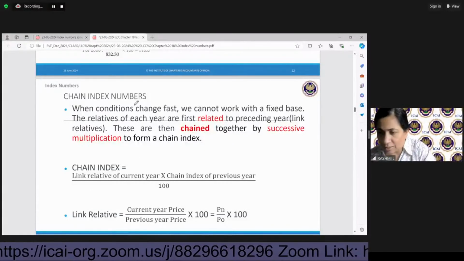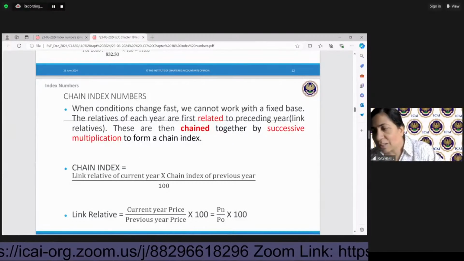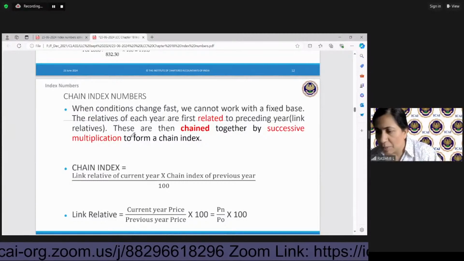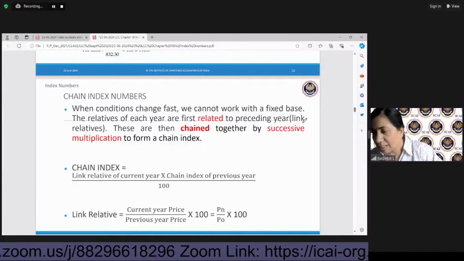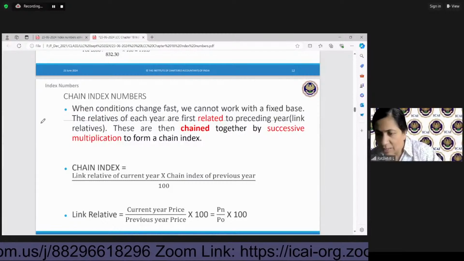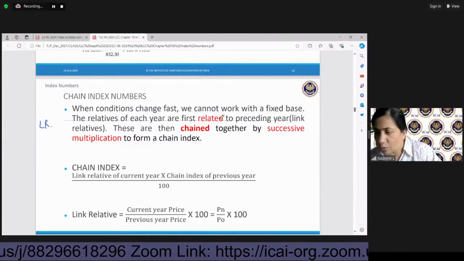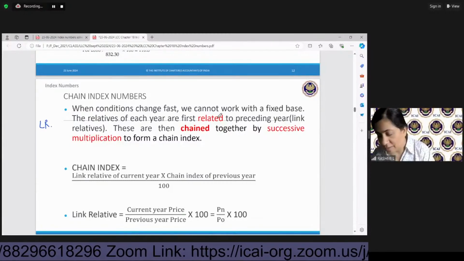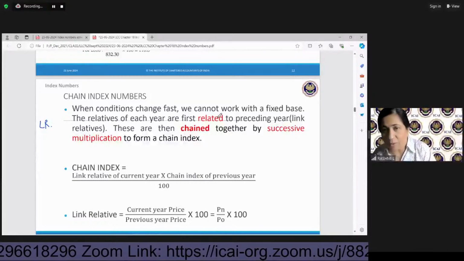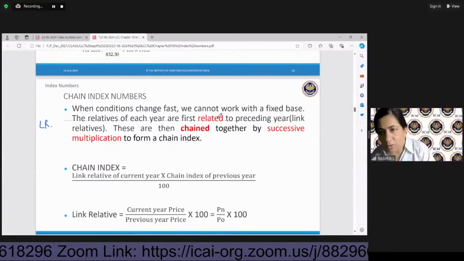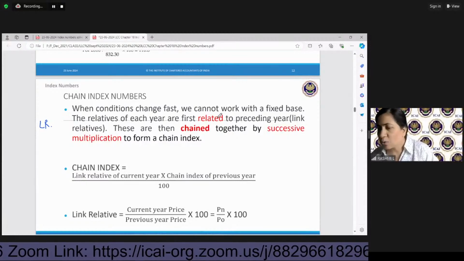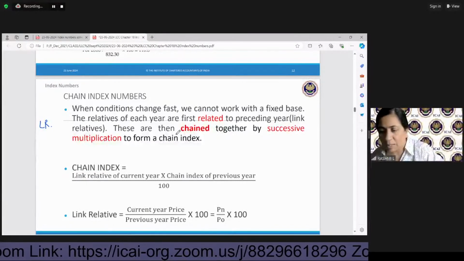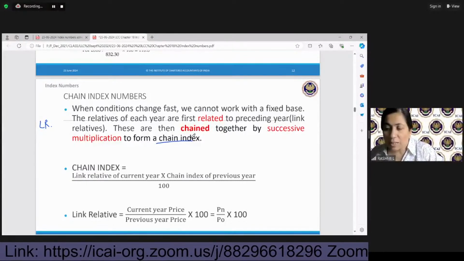Then chain index numbers. When the conditions change fast, we cannot work with a fixed base. The relatives of each year are first related to the preceding year, giving link relatives. So first we connect the relative of this year with the previous year, and then these are chained together by successive multiplication to form a chain index.